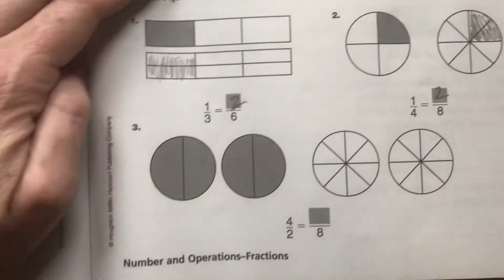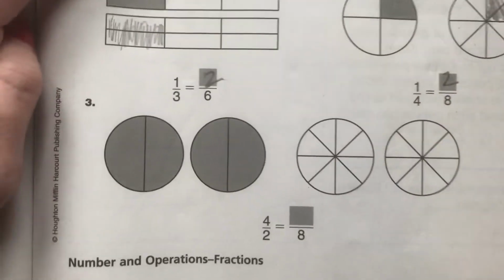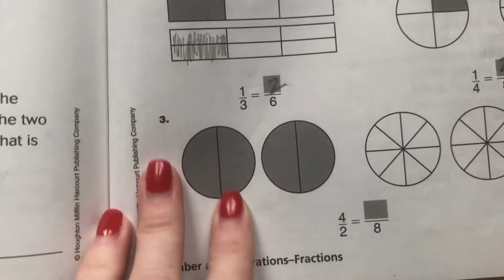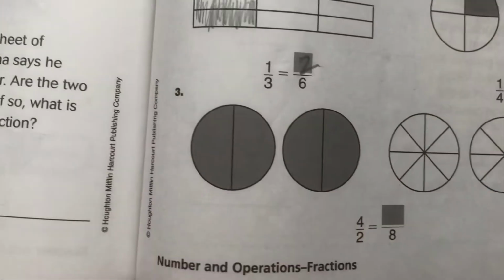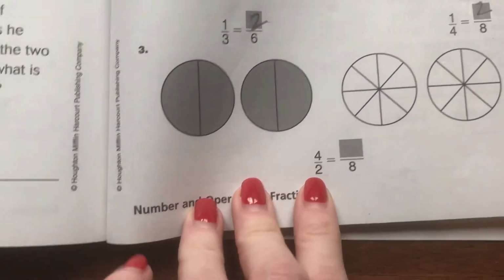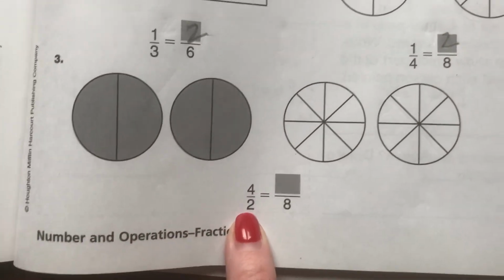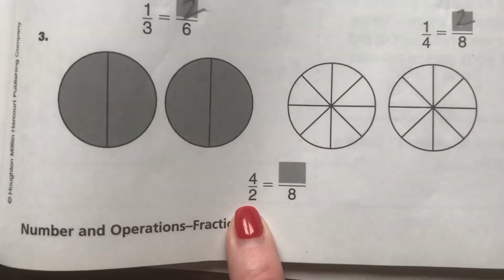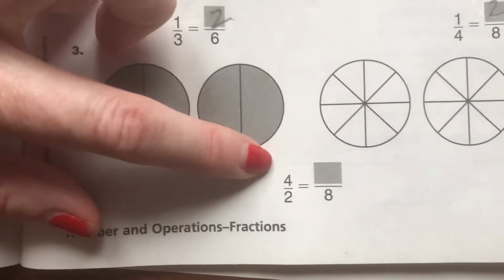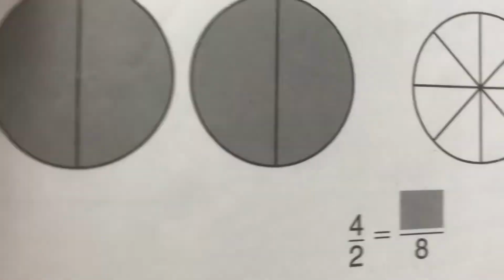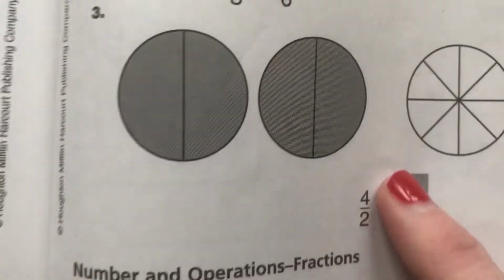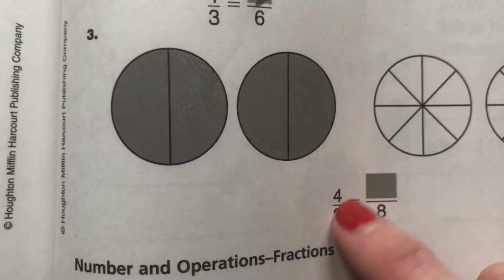Okay, now this one's a little bit trickier. You can see these circles here. They're divided into 2 parts, and both of the 2 parts are shaded. If you look down here, it says 4/2. This is called an improper fraction, where the numerator is bigger than the denominator. So basically what we're saying here is 4 divided by 2 would give us what?